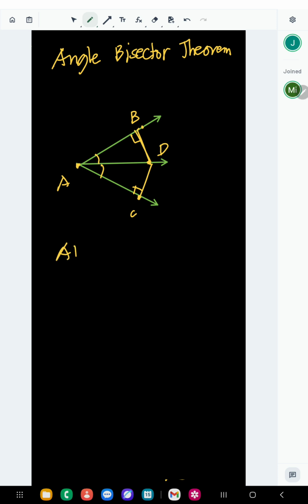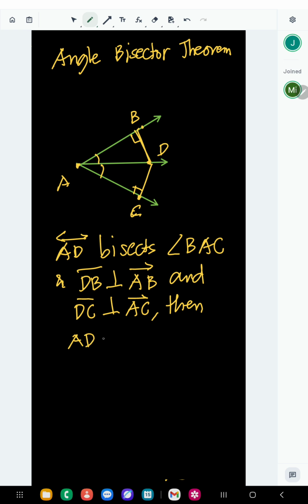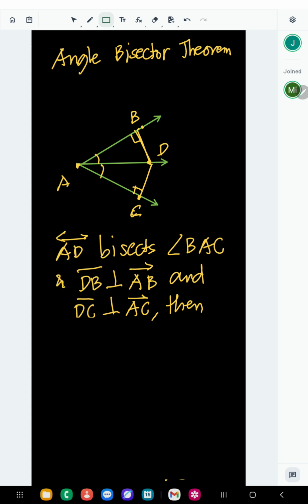So if line AD bisects angle BAC, and side DB is perpendicular to ray AB, and DC is perpendicular to ray AC, then DB is congruent to DC. Where's DB? Oh, this one.